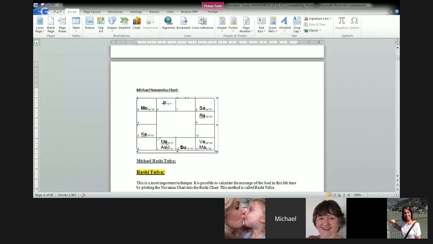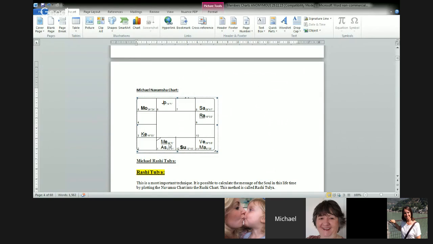Okay, we see instantly that my ascendant, and I showed you how to build the Navamsha chart in the documents I sent you, is actually in a Scorpio Navamsha. So in my Navamsha chart, the ascendant is in Scorpio, very closely conjunct Mercury.